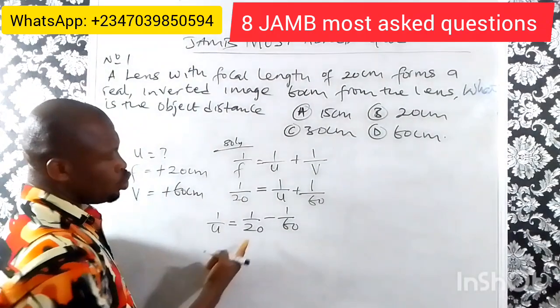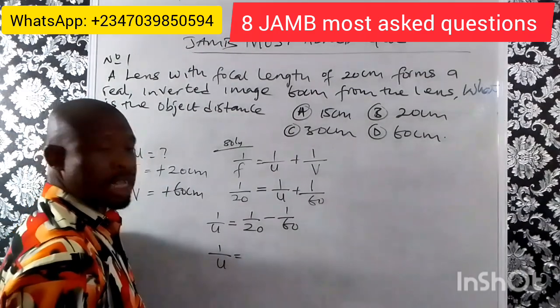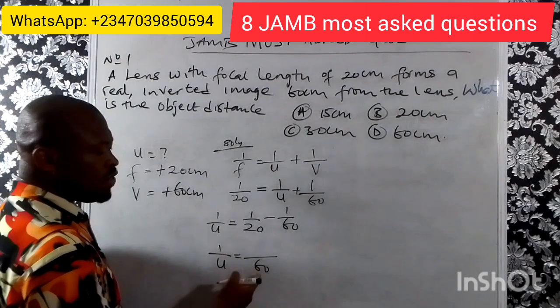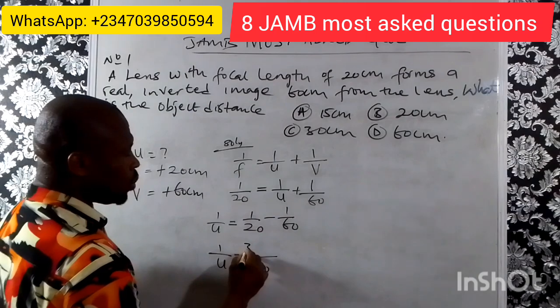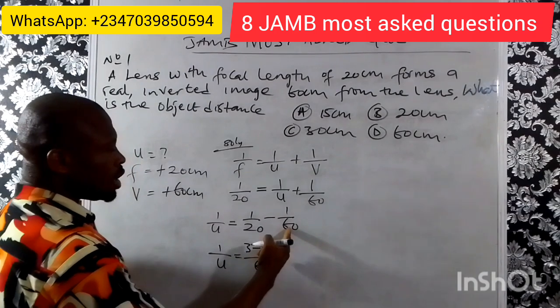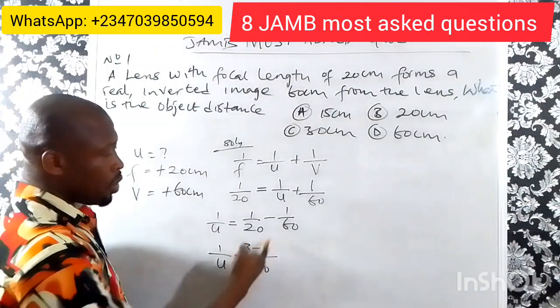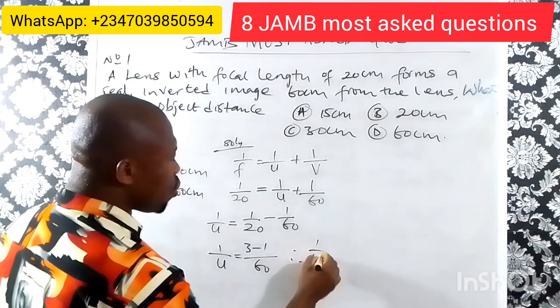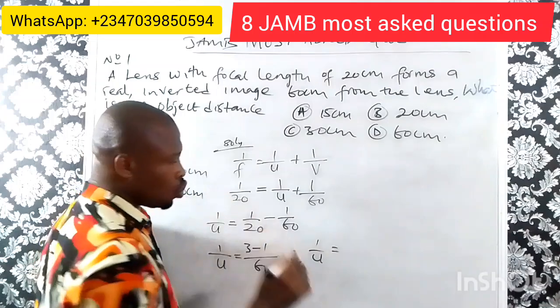Now, the LCM of 20 and 60 is 60. 20 divides 60, which gives us 3. 3 times 1 is 3, minus 60 divides 60 is 1, 1 times 1 is 1. Therefore, 1 over u is equal to 3 minus 1, which gives us 2 over 60.